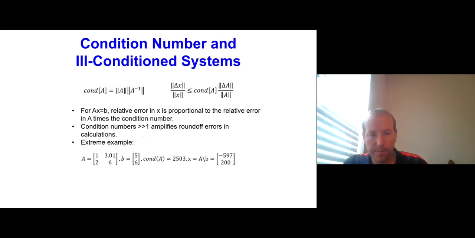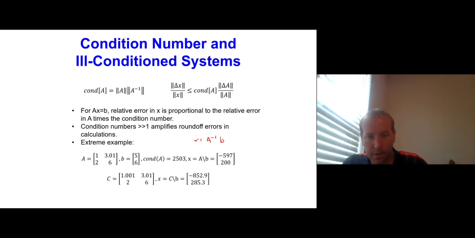Here's an extreme example of this, just to show you what can happen. We have a system A and B, and if you calculate the condition number on this, you get 2503, which is much greater than 1. If we solve this system where x equals A inverse B, which is just shorthand notation, you would get this result right here.